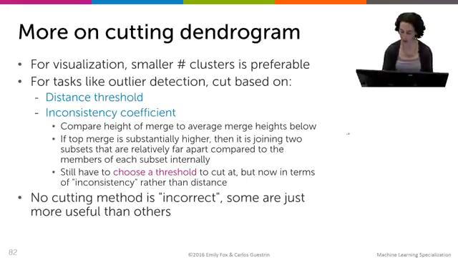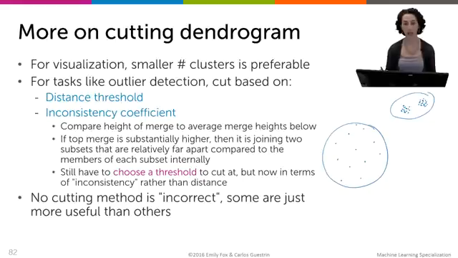So just as a little visualization of that, maybe we have some data points that are fairly far apart, and then you have this very tightly clustered set of data points here, and maybe another very tightly clustered set of points here. Well, if we're just simply cutting the dendrogram based off of a threshold, you might end up merging these points and keeping these points as a cluster.